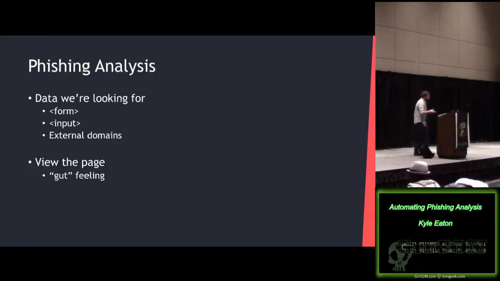The form will tell you where the data goes, and input tags will tell you what data they're sending. It's not super common, but I also like to look for external domains. These can provide additional insight into infrastructure used or anything around there.